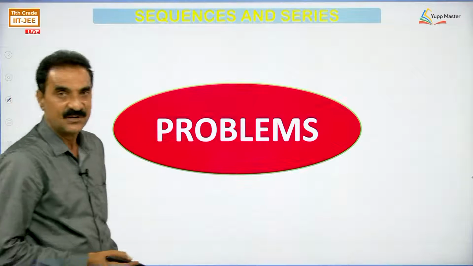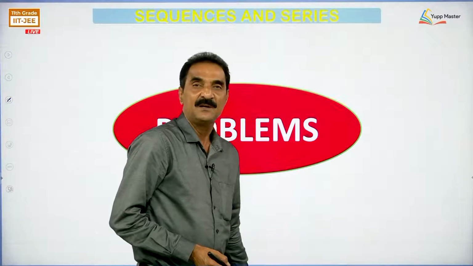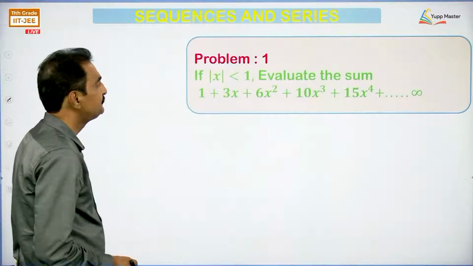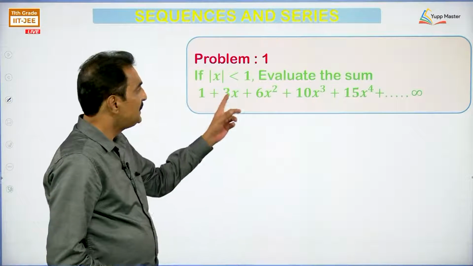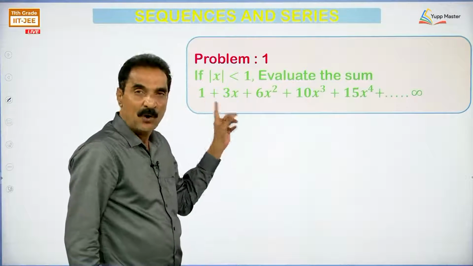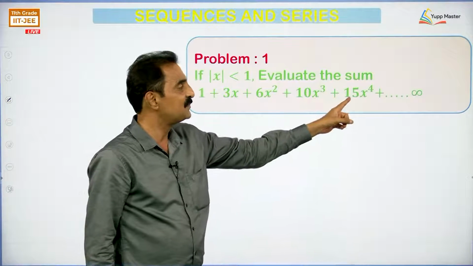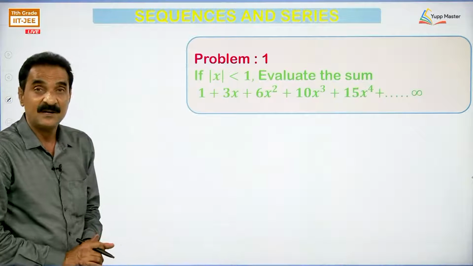Now, let us solve problems on infinite AGP, AM, GM, HM quickly. First question, if mod x is less than 1, evaluate the sum 1 plus 3x plus 6x square plus 10x cube plus 15x power 4 and so on till infinity. Is this AGP?